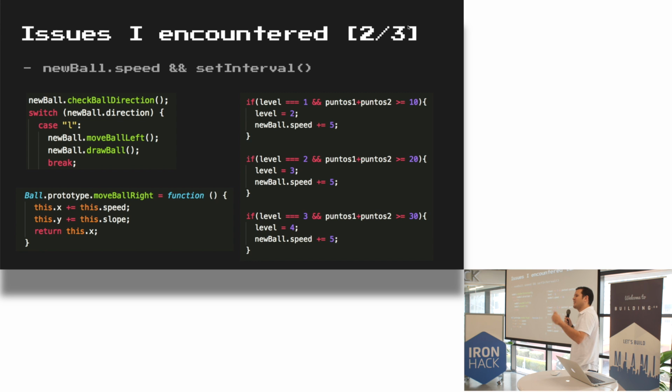If I wasn't at that level yet, I wasn't going into the if, so I didn't change the direction. Otherwise, every 15 milliseconds it would increase the speed of the ball, and in just a couple seconds it would be impossible to play the game. So with that flag, with that if and a level, and changing the level immediately after, that's how I got around that.